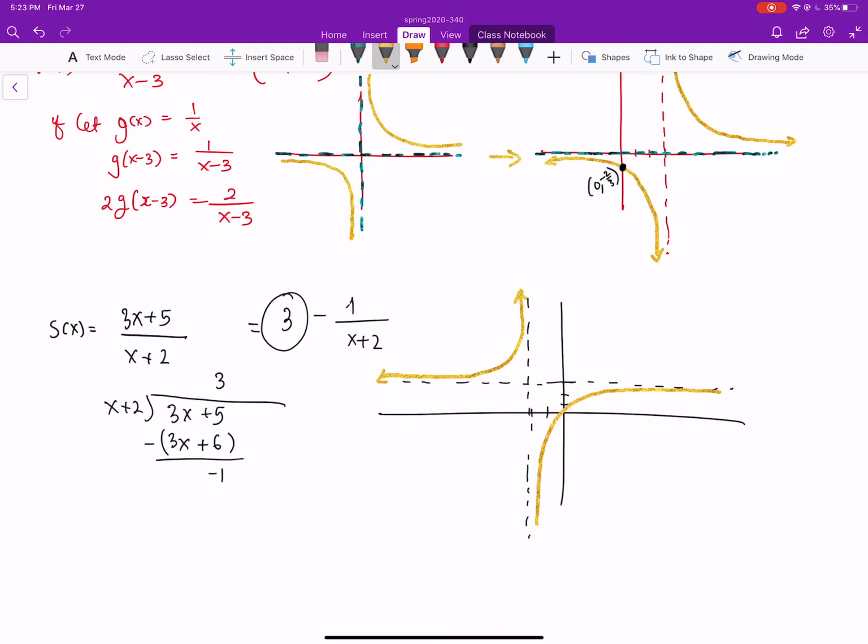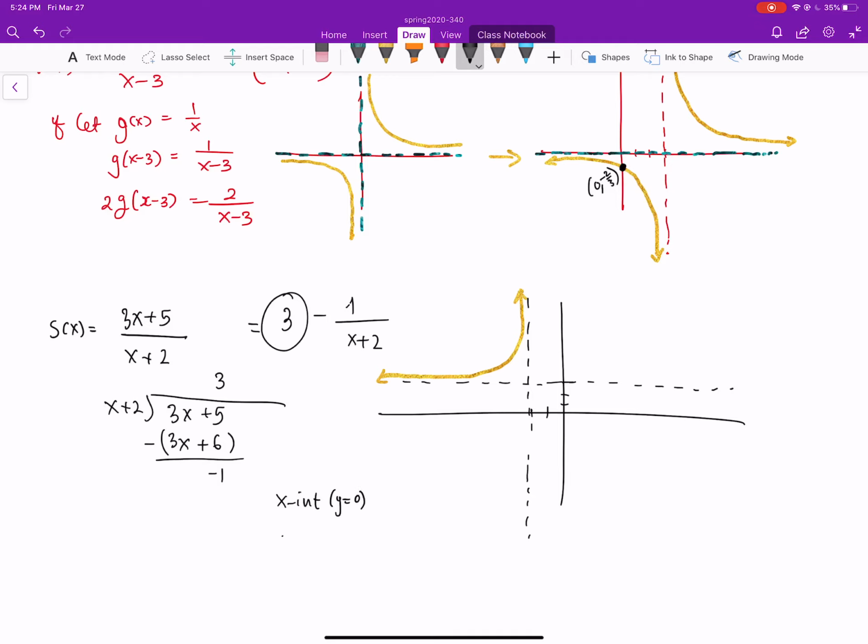Now we need to clean up this to be more accurate. So let me be a little bit careful with my sketch. I know that I'm going to cross the x and the y-intercept. So for the x-intercept, y is 0.